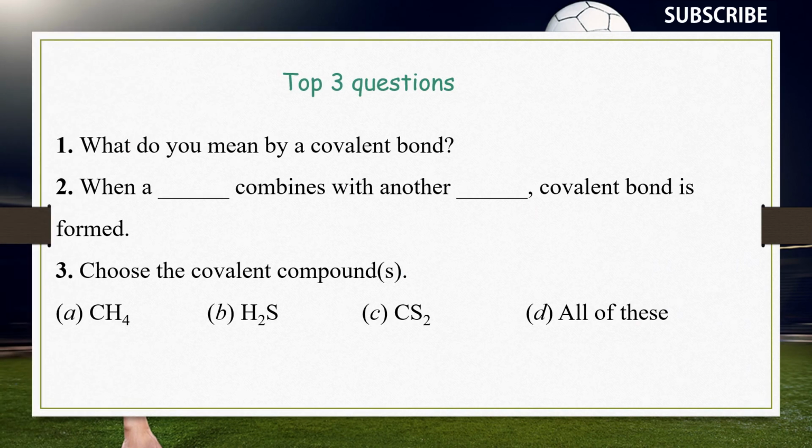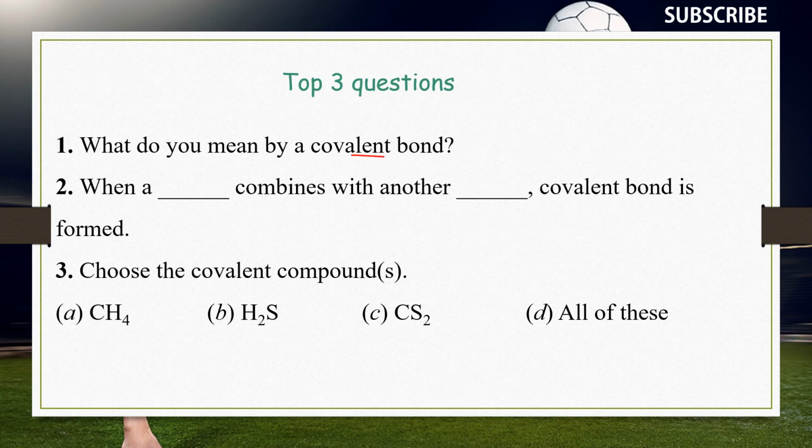Finally, we come towards the end of our video and we have our top 3 questions. Number 1, what do you mean by a covalent bond? We shall look at a detailed explanation of covalent bonding when we look at the formation of a covalent bond in our next video, but probably at this point you should be having an idea of what a covalent bond means.